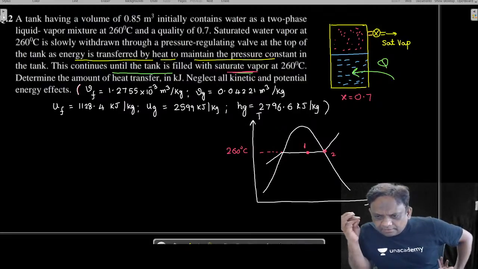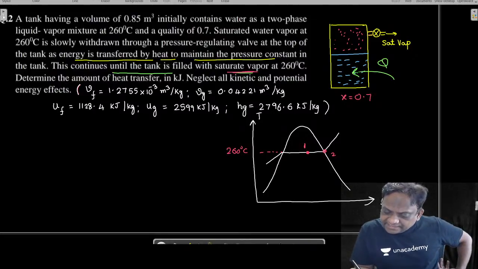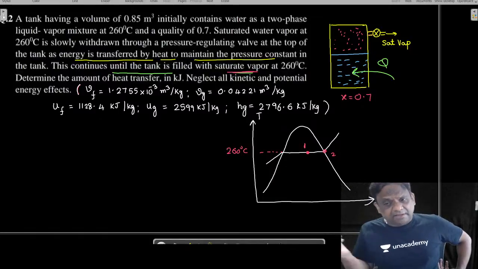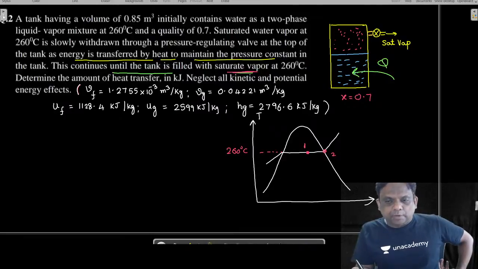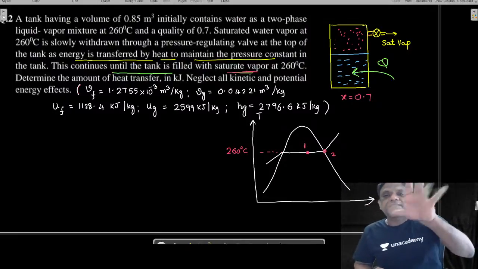Because originally it had some mass, and now you are removing mass, so it is exiting the tank. Also, the dryness fraction originally is 0.7 and finally the dryness fraction is 1, which means properties are changing. Therefore it is unsteady.